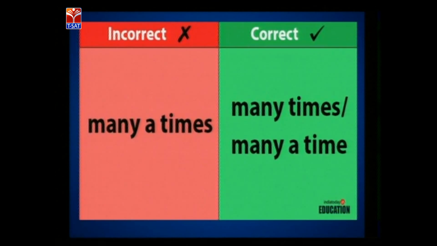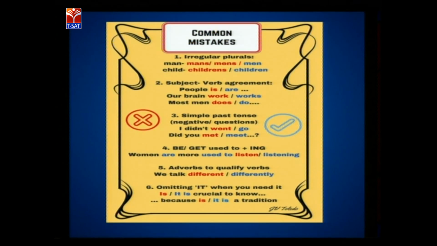Incorrect and correct. Many a times we use it instead of many times or many a time. Look at this, some common mistakes are there. The plurals: instead of men we use mans or men's for the singular noun man. And instead of children we use children's.